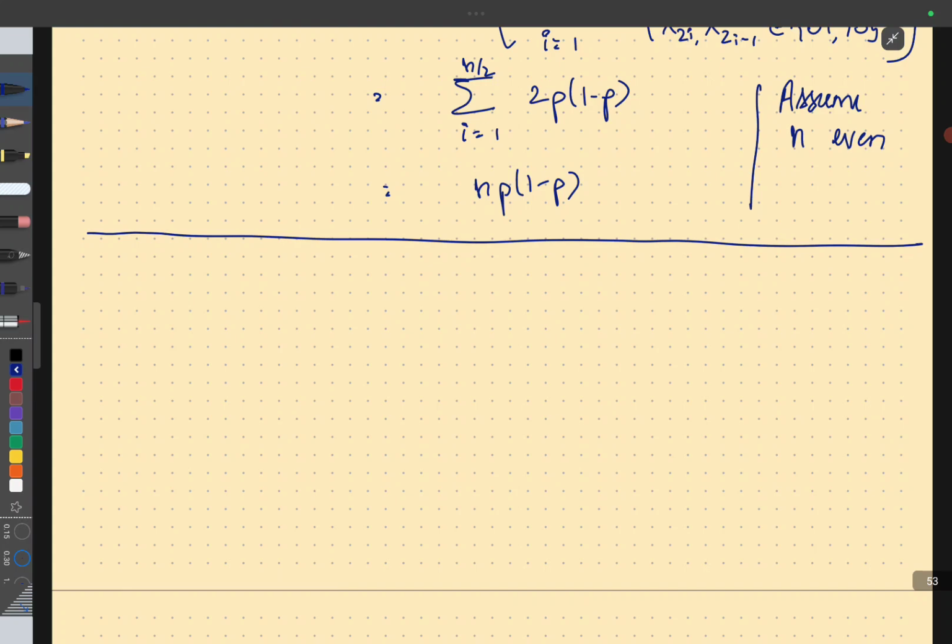So we'll start with n times the binary entropy of p, which is nothing but just H of x1 through xn. Now I claim that this is greater than or equal to, or let's do it in another step. So this is H of x^n.